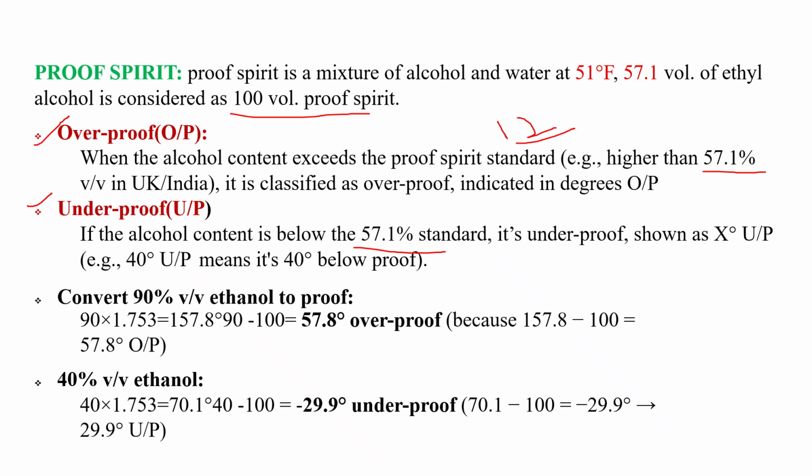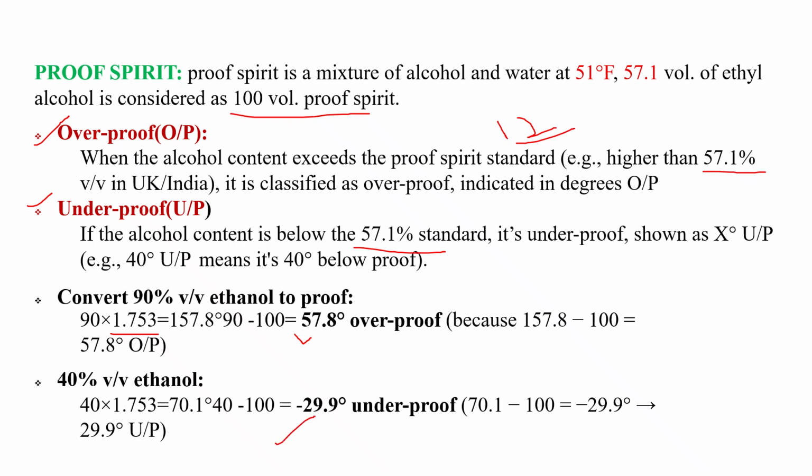Next, how to convert? Let's take one example. If you want to convert 90% volume by volume ethanol to proof strength, how do we calculate? First we have to multiply by 1.753, then subtract 100. If it's a positive value, then it will be overproof. If it's a negative value, then it will be underproof.